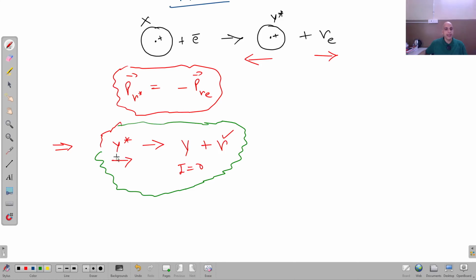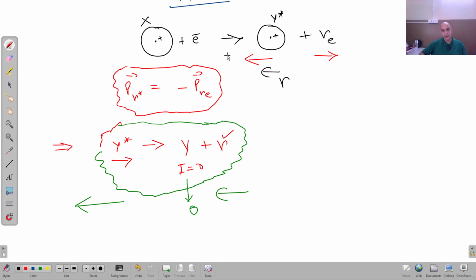As this excited nucleus is moving in this direction, and now it comes to the ground state and comes to rest, what should be the direction of the motion of the gamma ray photon? In this way. Only then will the linear momentum be conserved, because both of them are moving in the same direction. So the gamma ray photon is emitted in the same direction as the excited nucleus was moving, and I can represent the gamma ray photon here.